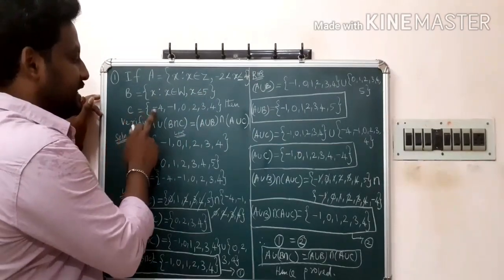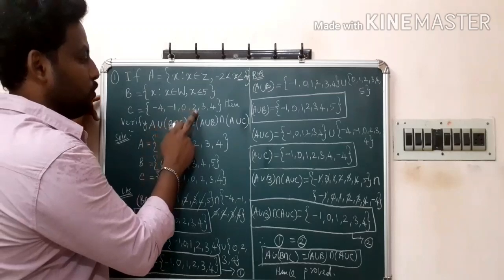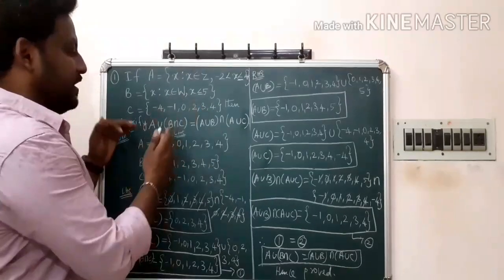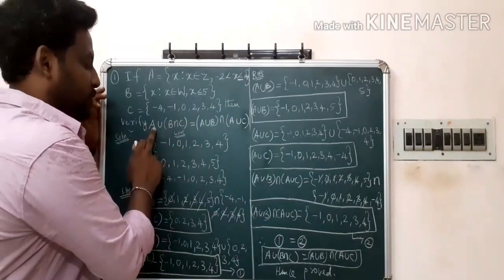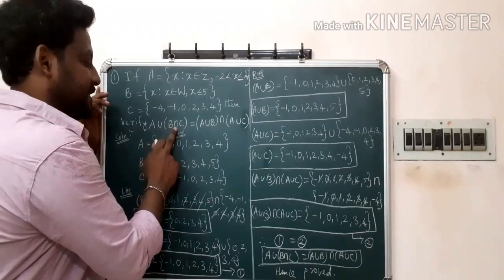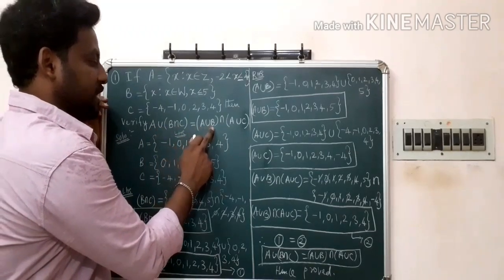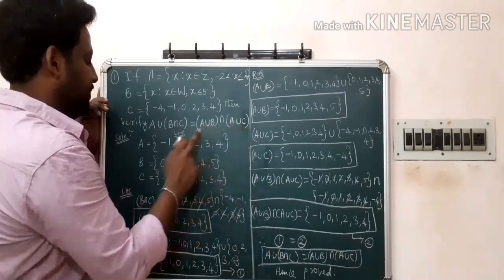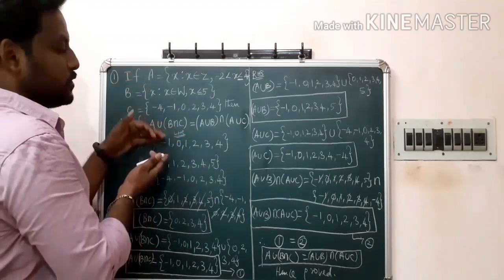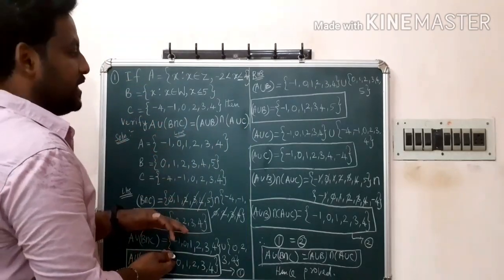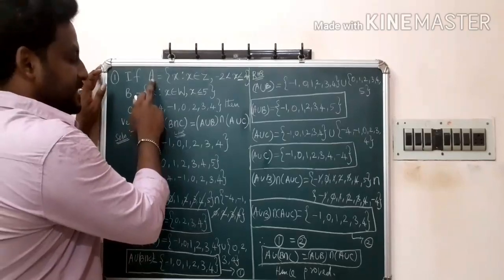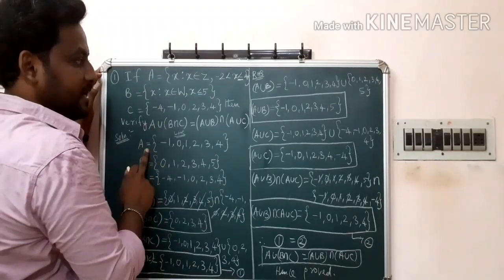And then set C is given: minus 4, minus 1, 0, 2, 3, 4. Then we have to verify the distributive property: A union B intersection C is equal to A union B intersection A union C. First we have to convert into roster form, then only we can prove the property. First, set A, we have to write in roster form.